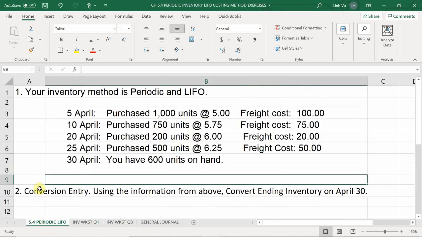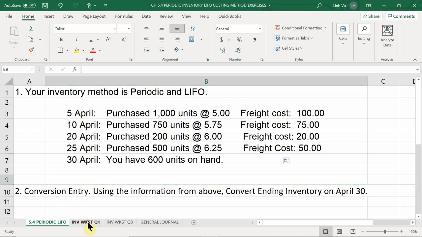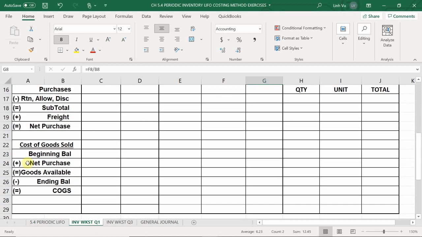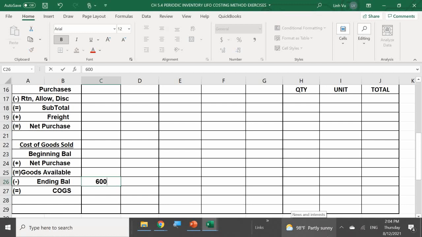So let's take a look here. On April 30th, you had a total of 600 units on hand. Okay. So if that's the case, let's go ahead and plug that number in, because now we know that our ending inventory means that we have a quantity of 600 units.